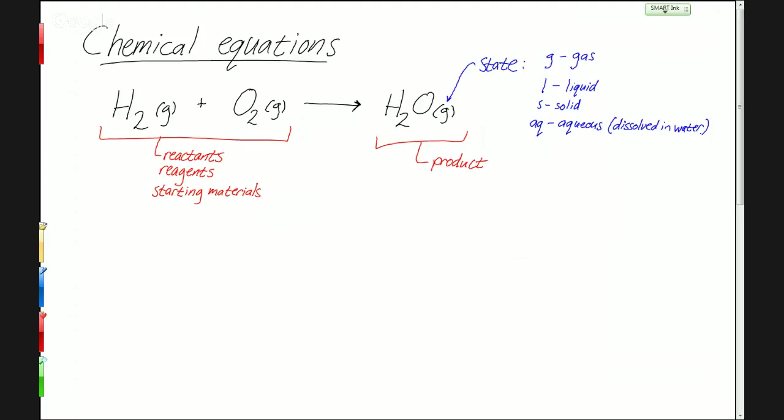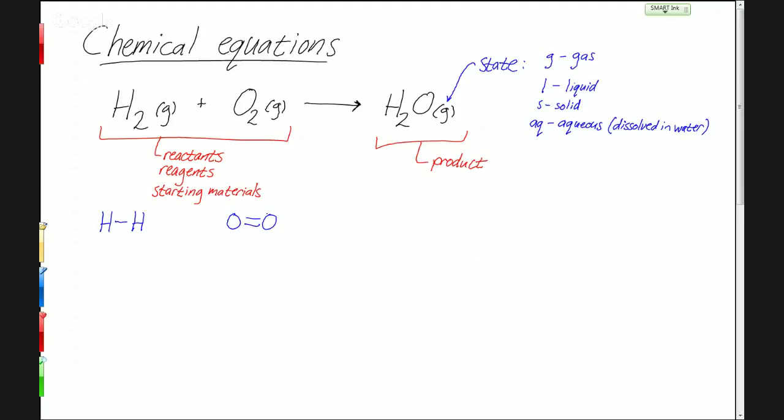One thing I think is helpful is to look at what this looks like from a molecule standpoint, what the actual molecules look like, and then see what's going on. So a hydrogen molecule is just two hydrogen atoms connected together with a covalent bond. An oxygen molecule is two oxygen atoms connected with a double bond.